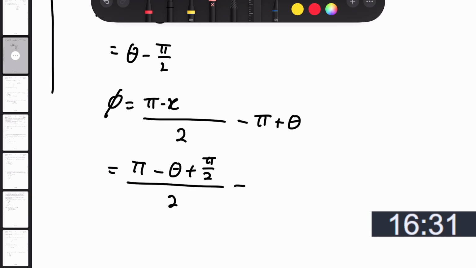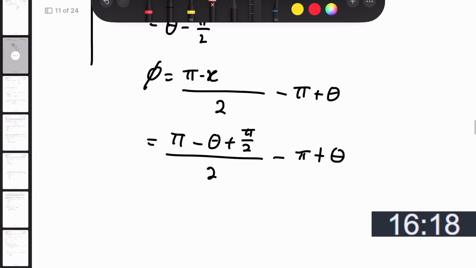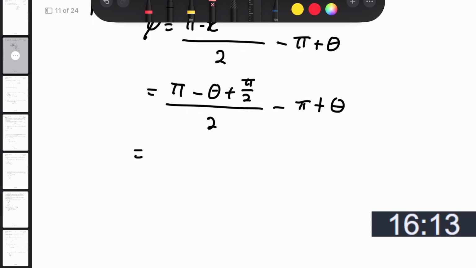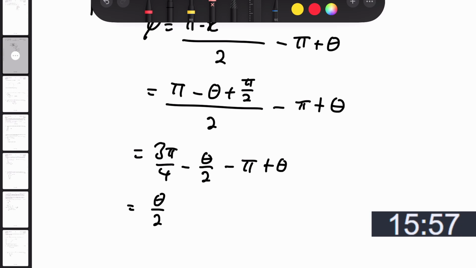All over 2 minus pi plus theta. Minus pi plus theta. So this is going to be plus pi on 2, so 3 pi on 4 minus pi on 2, and theta on 2, minus pi plus theta, so it's going to be theta on 2 minus pi on 4.